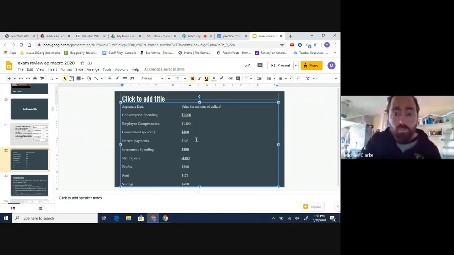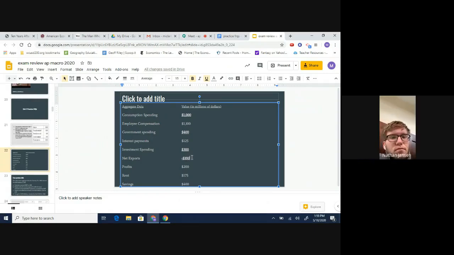And that's it. There's your four components, and then you just add them up. 1,000 plus 400, we're at 1,400. Plus 300 is 1,700. And then you subtract the net exports. So your nominal GDP, in this case, would be $1,600. That's one way of doing it.